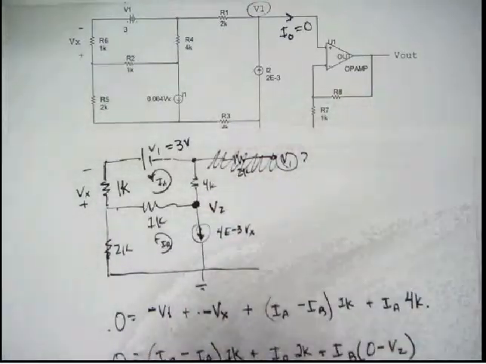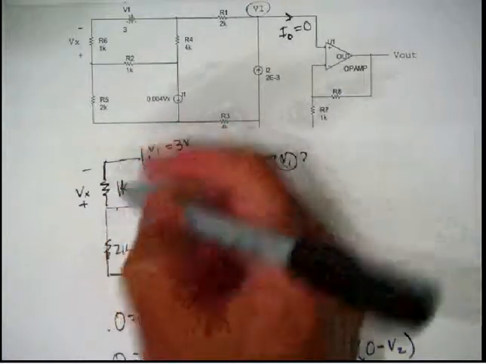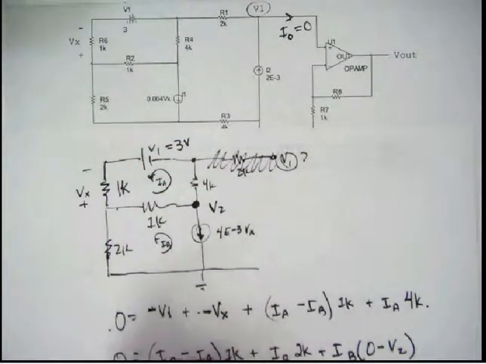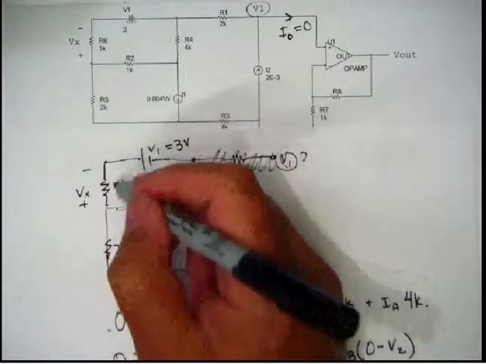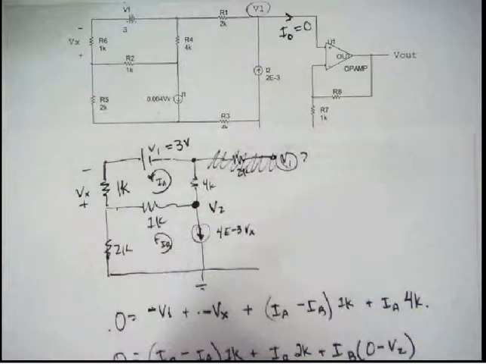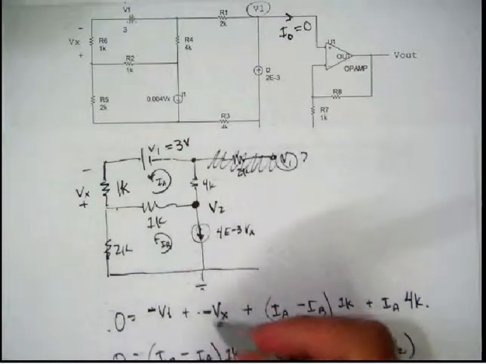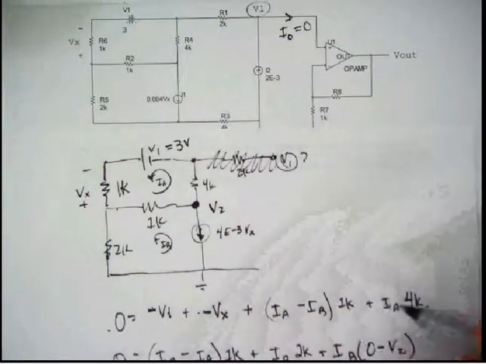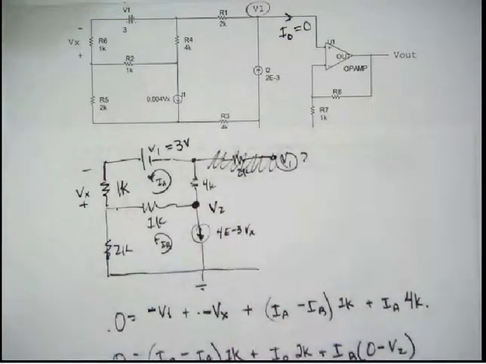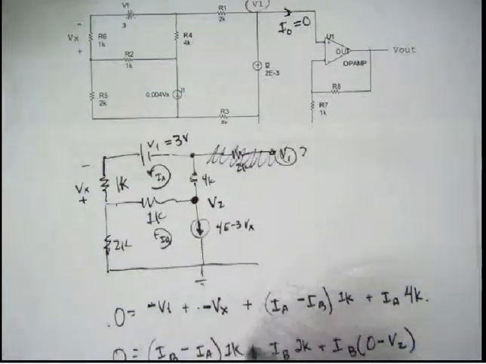So we know that Vx, the current's going in this direction, so negative Vx, the drop would be negative Vx is equal to the current IA times the resistor. And there we go. So we could actually replace Ix right here with this, and then have two equations, two unknowns, and we should be able to solve straightforward.